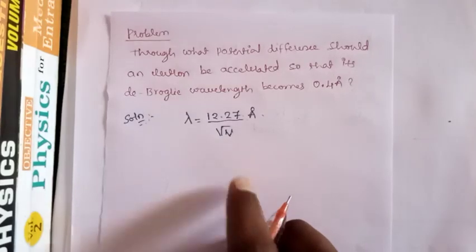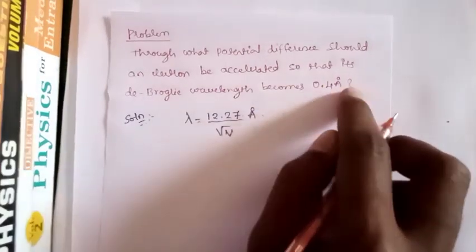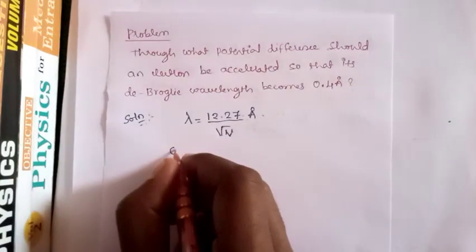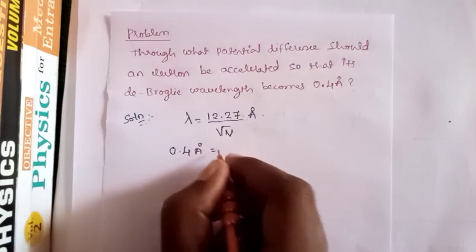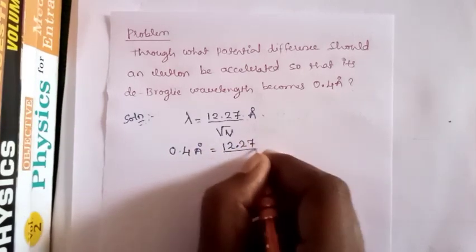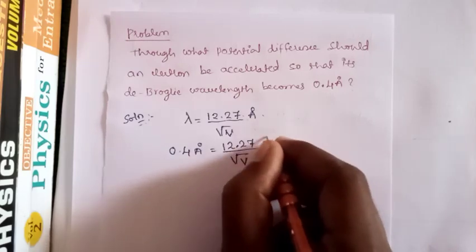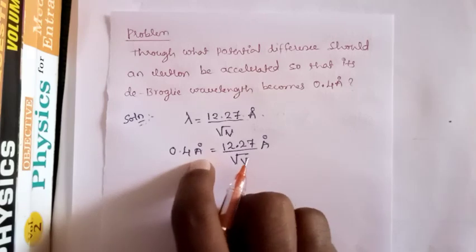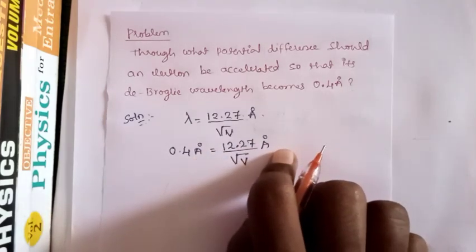Okay, then our aim is to find V here. Then put lambda, which is given as 0.4 angstrom, equal to 12.27 divided by square root of V angstrom. Here the angstrom is 10 to the power of minus 10 meter, and here also the angstrom is 10 to the power of minus 10 meter.